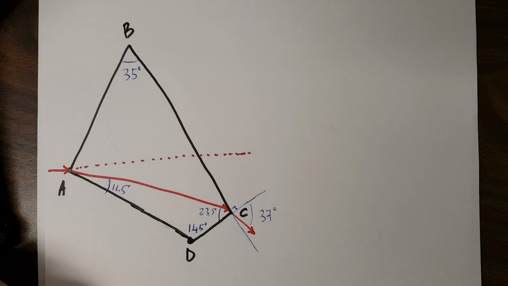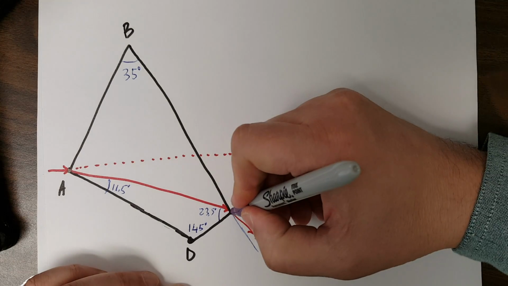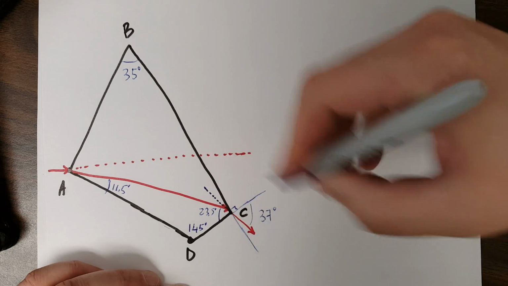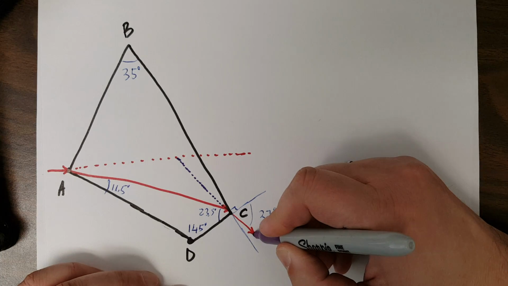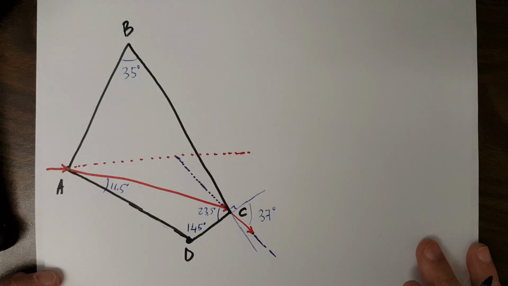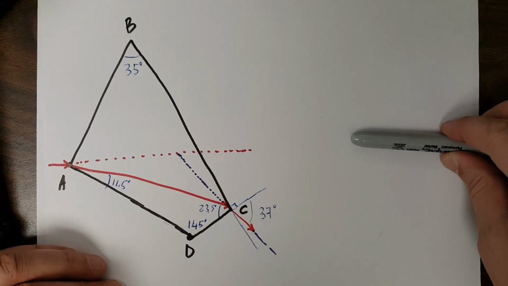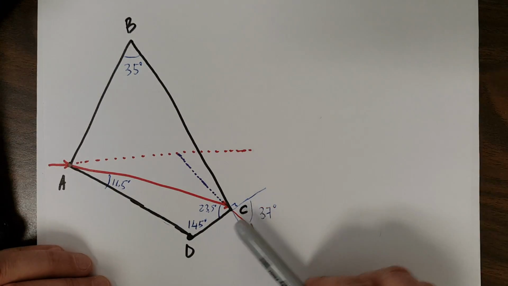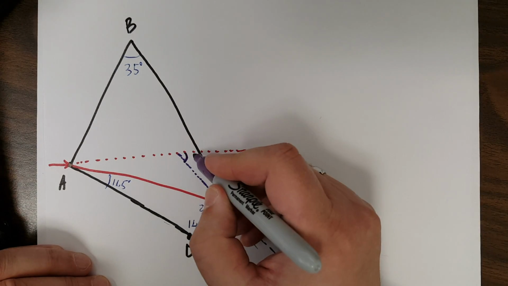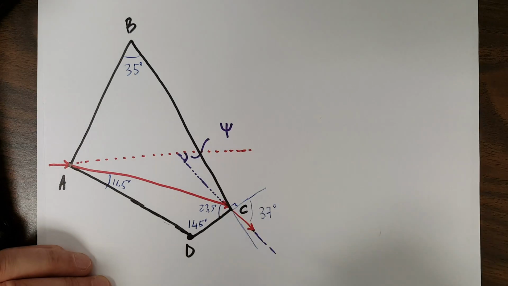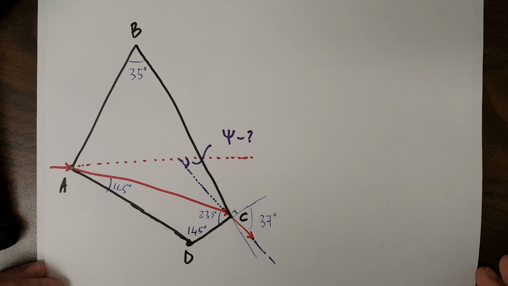So first we need to extend, well, we can extend it in both directions. So this is the direction of the undeflected ray, and this is the actual direction. So this is the angle of deflection. That's what we are finally looking for.